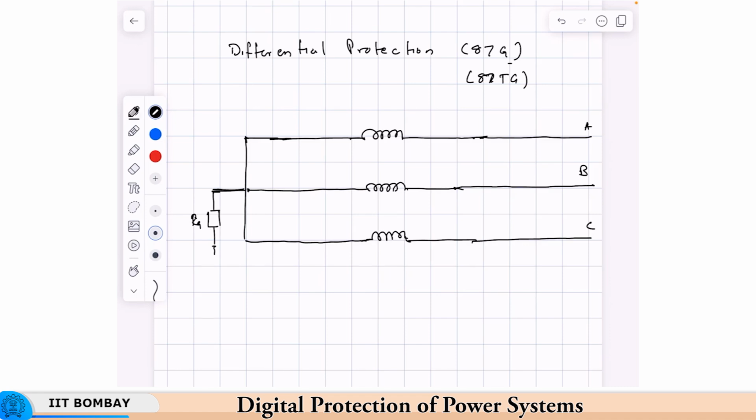Okay. So, since this is a star connected generator, the CTs also will be connected in star. We will connect them.